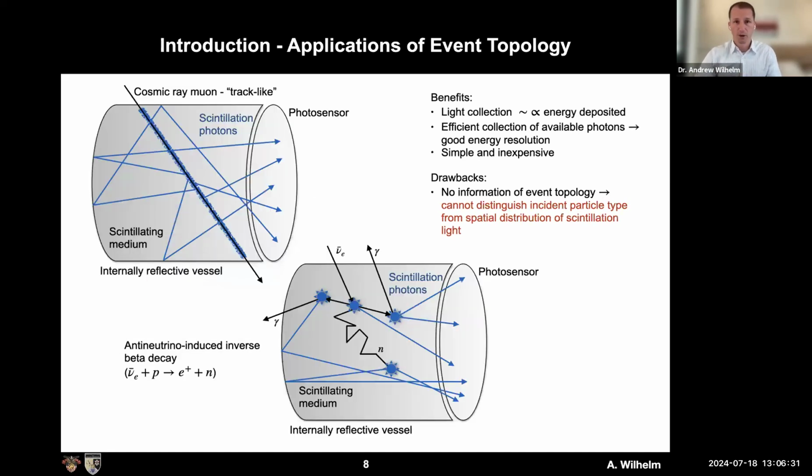And then a third is particle type identification. When I'm talking about particle type identification, I don't necessarily mean between gamma rays and neutrons, because both of those interactions in a scintillator are point-like. But some particles interact in a very characteristic fashion and deposit energy in a very characteristic way inside a scintillation volume.